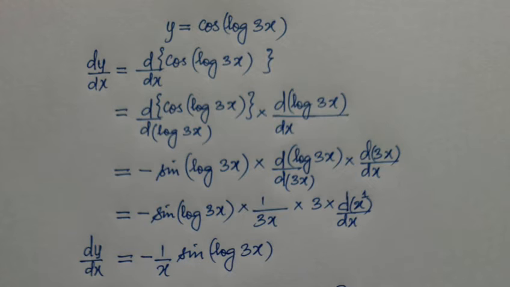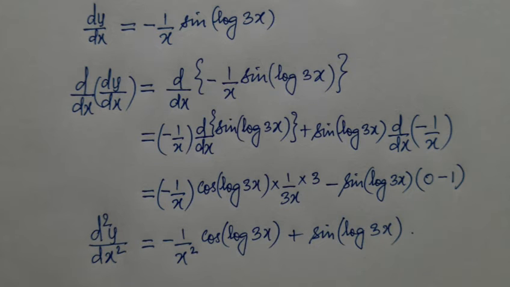And now let us find the second order derivative after you have got the first order derivative. We have the first order derivative of the given function, minus 1 upon x times sine of log of 3 times x.